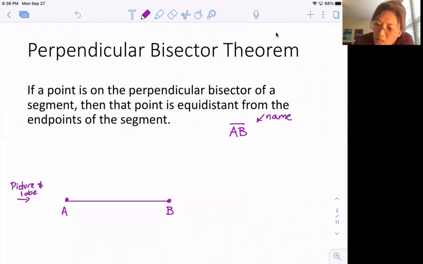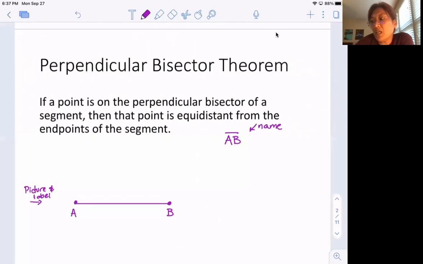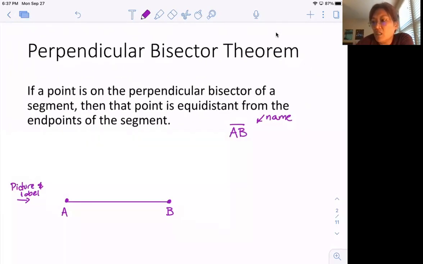When you take a look at your concept assessment from last unit, we need to be able to identify what a line segment is, what it looks like, how we label it, and then how we name it. Notice the name gives us our initial point and our ending point and has the line segment symbol over it.